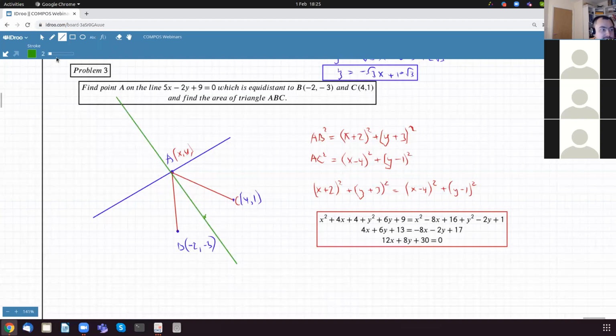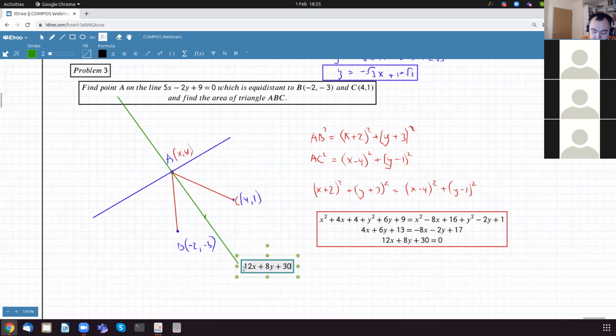We could have obtained it in a different way. We said that A, so xy, is a point which is equidistant from B and C. The definition of points that are equidistant from B and C is the perpendicular bisector.